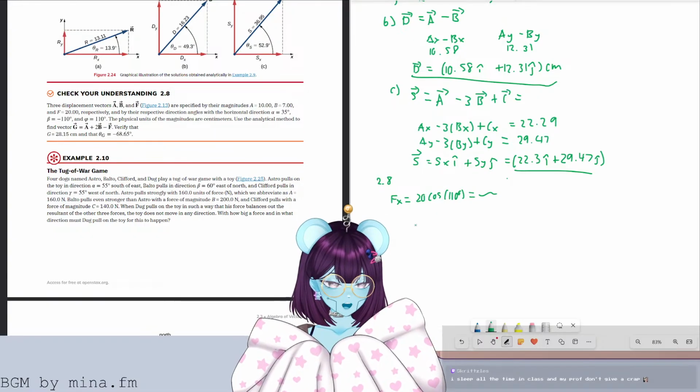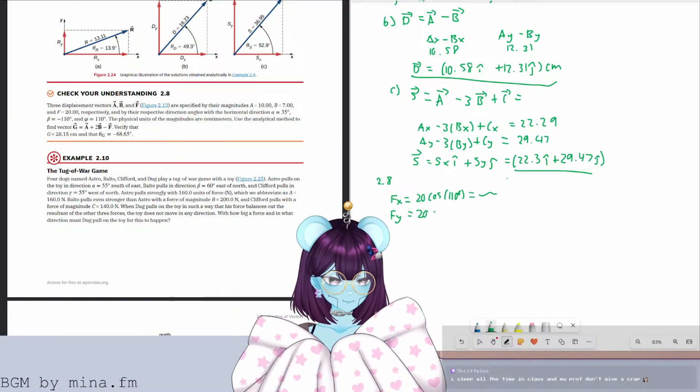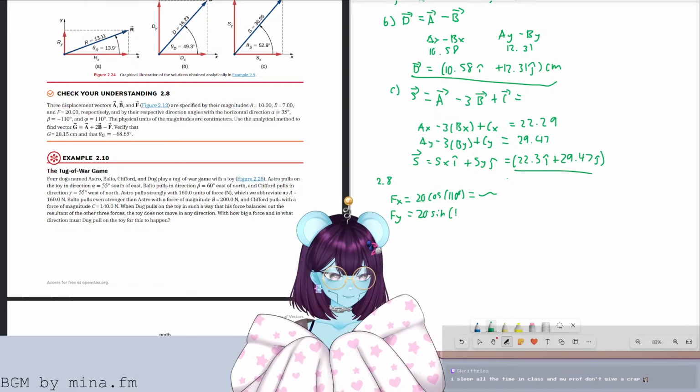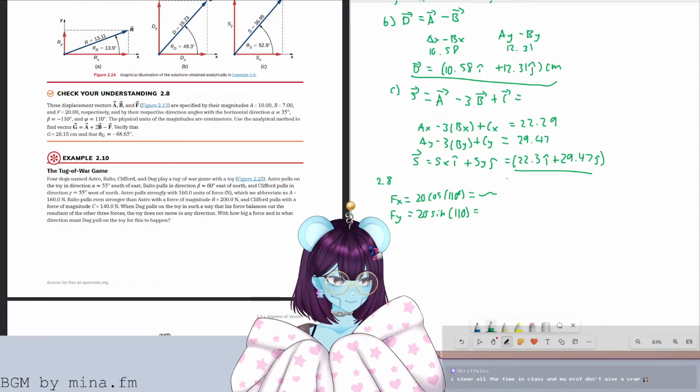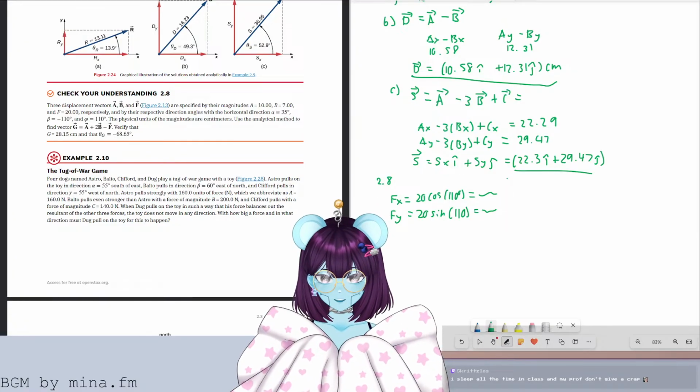And then whatever the answer of that is becomes your fx, and then you get the same for y. So this time you just do the sine. 10. That. You get that.